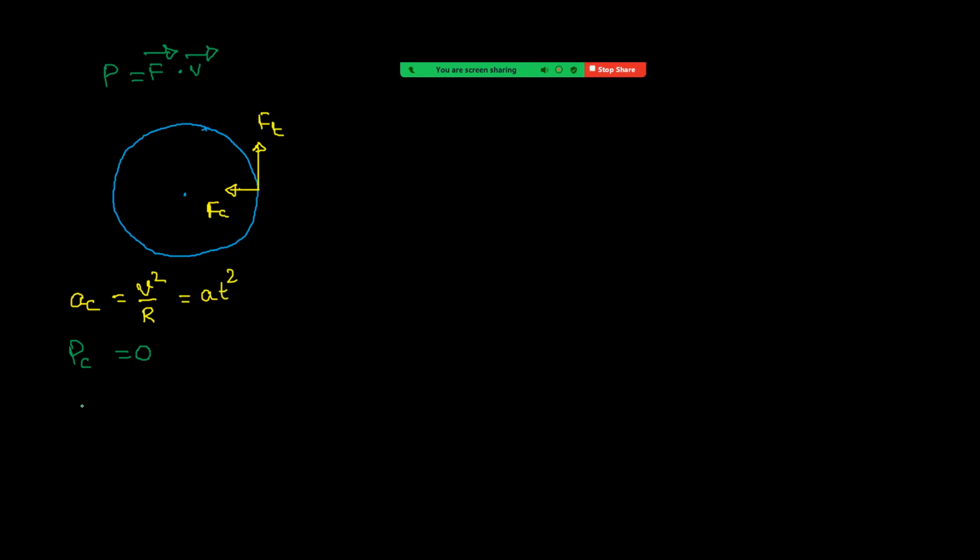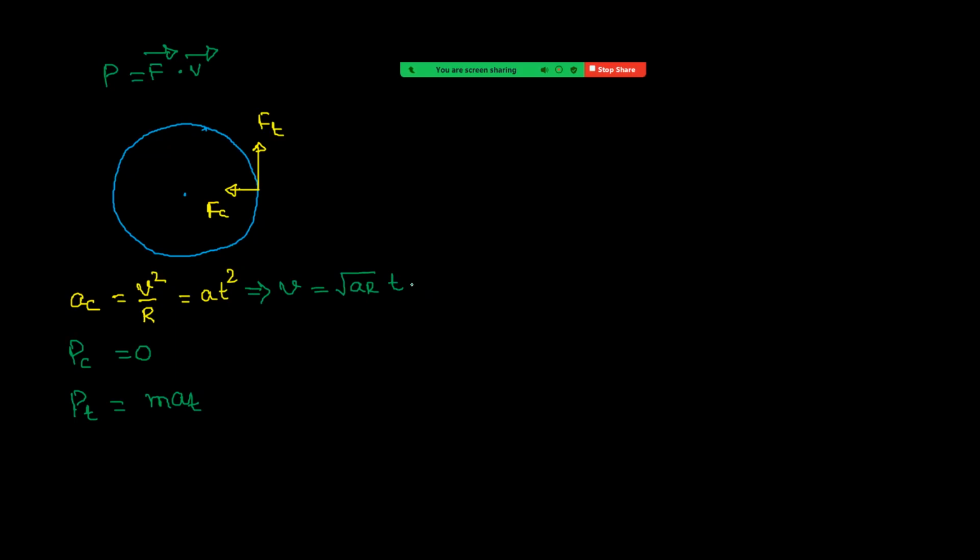So to find power delivered by tangential force, we require tangential force, m into a tangential. And from this we can say speed keeps on increasing. See here, v square equal to a r into t square, so v equal to root a r into t.